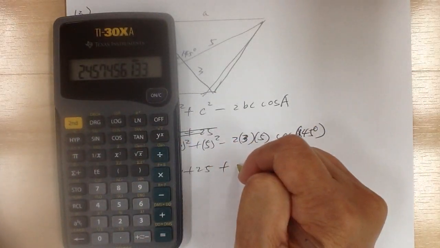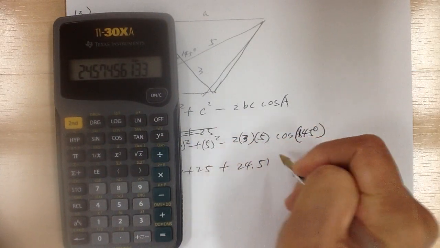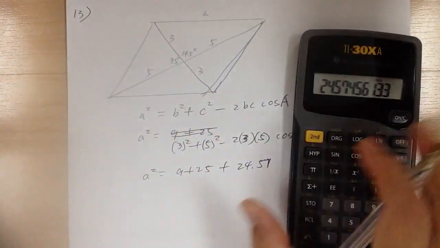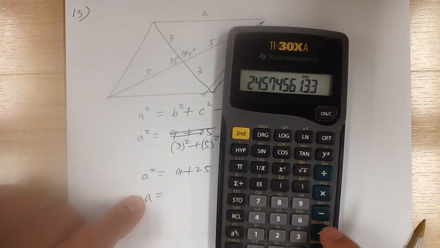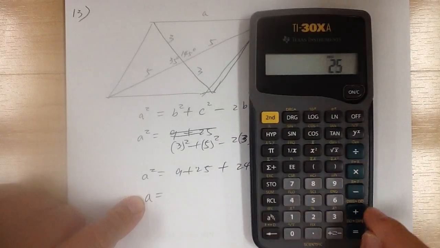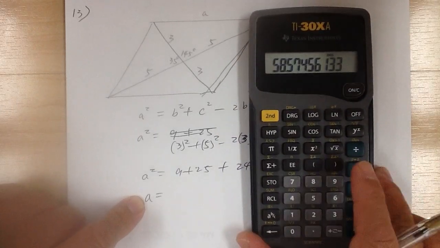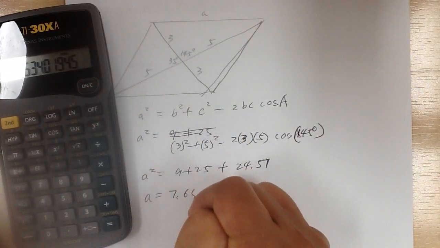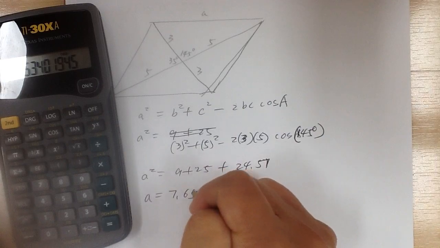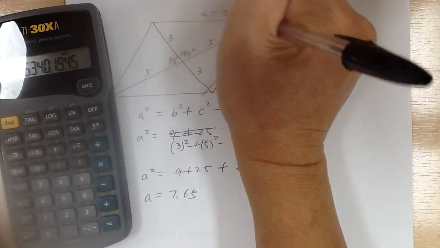Plus 24.57, and so A equal to, so I'm going to add and take the square root, so plus 25 plus 9 equal, take the square root, I get 7.65. So this side equal to 7.65.